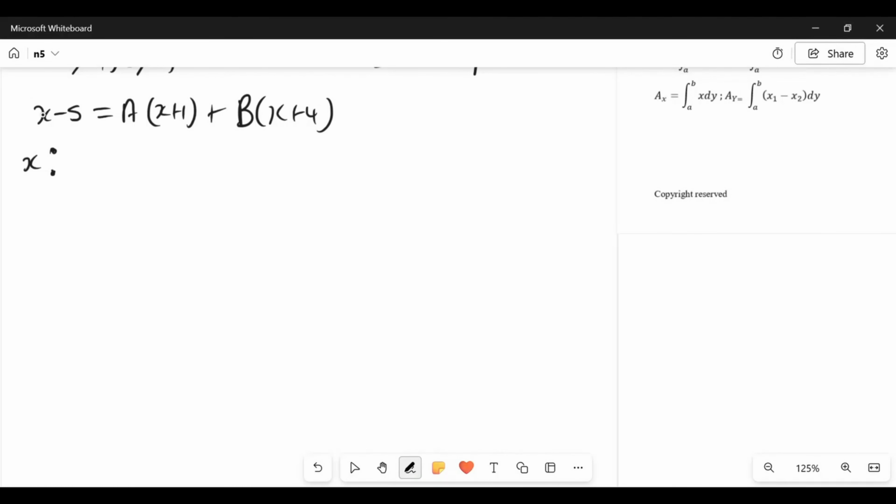So on the left hand side, x to the power of 1 is multiplied by 1 because there's nothing there. So we're going to write 1 there. If there is any term that is multiplying x to the power of 1, we're also going to include it. So on the left, we only have 1 there. So we're going to say equaling to. Because this negative 5 is not multiplied by x.